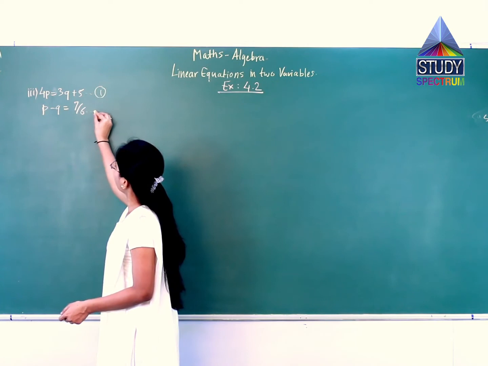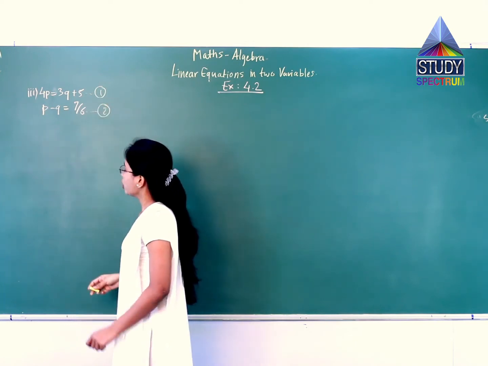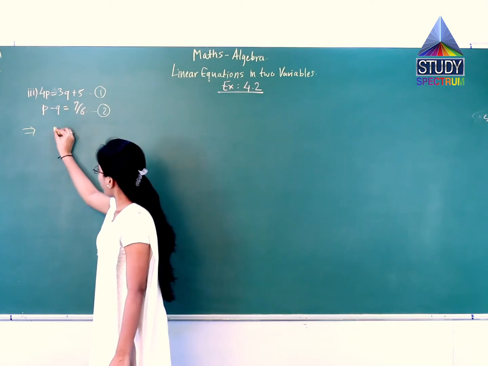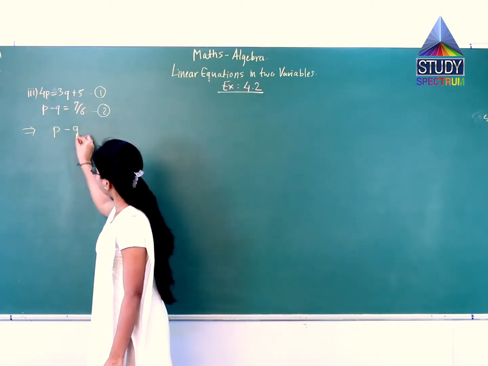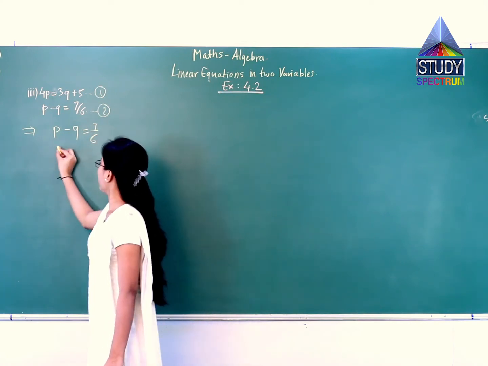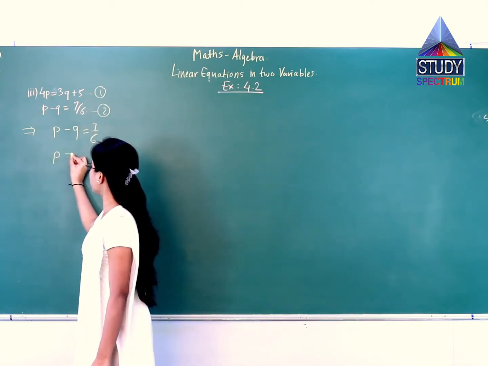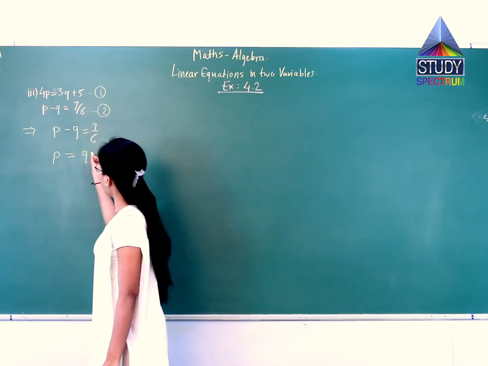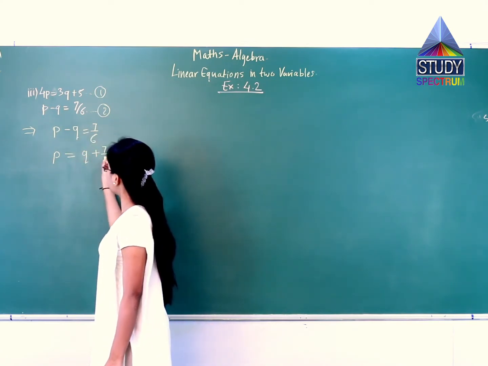This is my equation number 1. This is equation number 2. So p minus q is 7 by 6, right? So directly I can write p is equal to, this q will get added, so q plus 7 by 6 I can write.